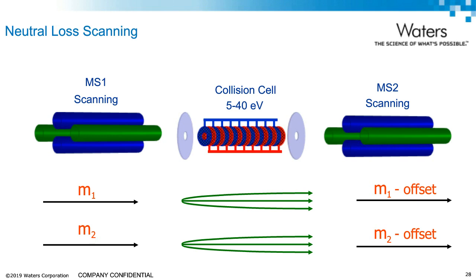However, we can look for the result of the neutral loss by operating both quadrupoles in scanning mode with a mass offset between the two. The offset will be the neutral loss we are looking for.